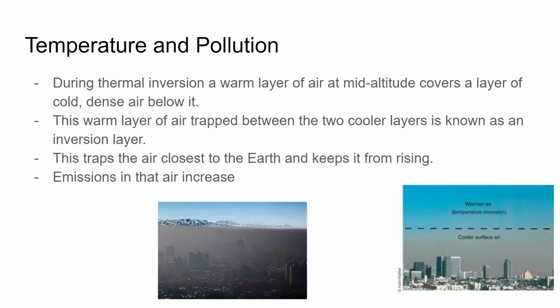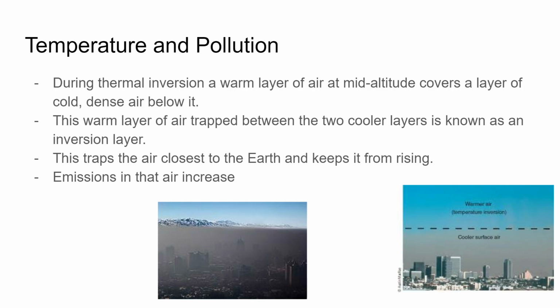Temperature plays a role in this, especially with smog. There's what's called thermal inversion, which is when a warm layer of air at mid-altitude covers a layer of cold, dense air below it. The warm layer of air trapped between the two layers is known as that inversion layer. So again, if you look at this one image to the right-hand side, it shows the warmer air resting on top of the cooler, denser, and thus lower air.